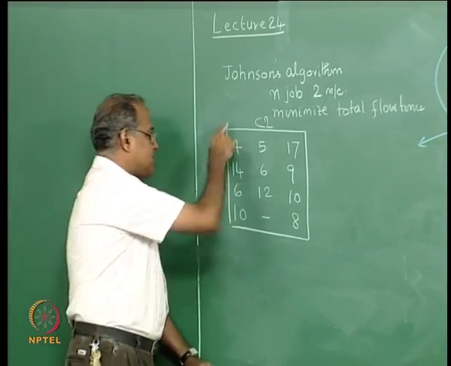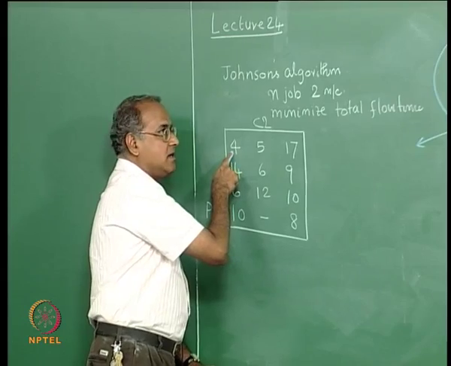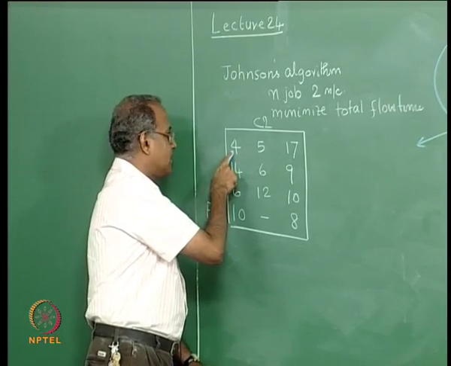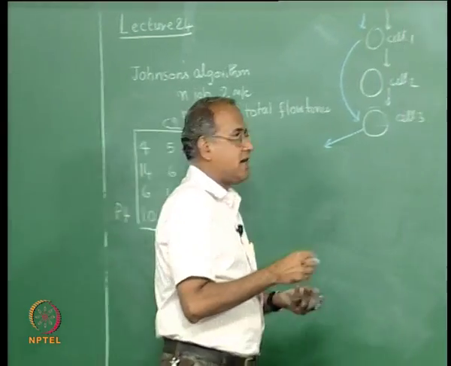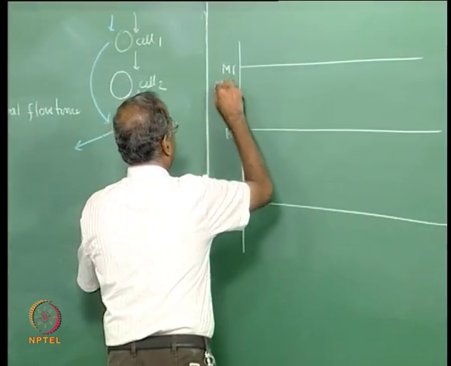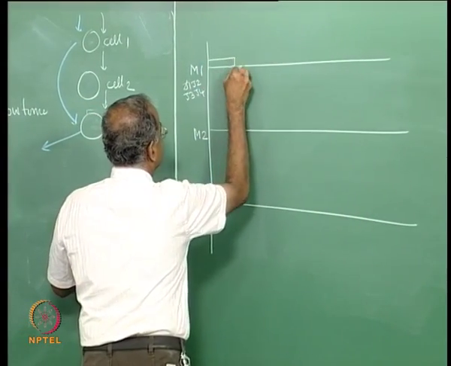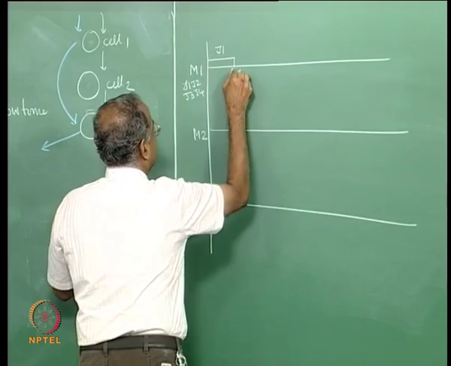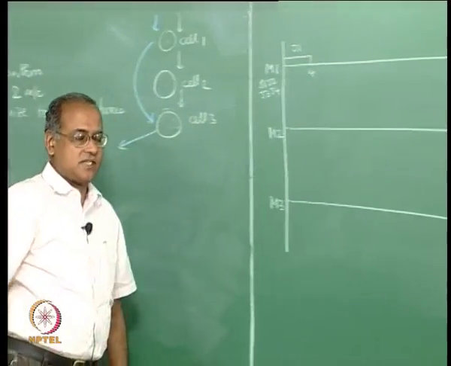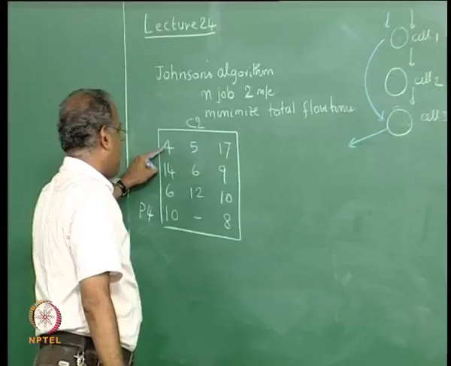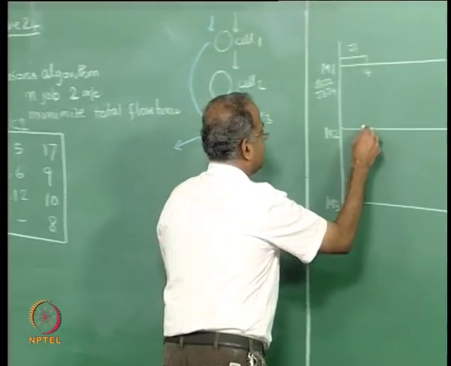The shortest processing time is for P1 or J1, so on M1. So, J1 goes in, and at time equal to 4, J1 finishes on M1 and goes to M2.